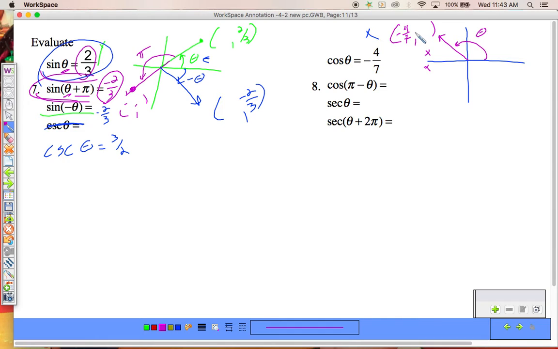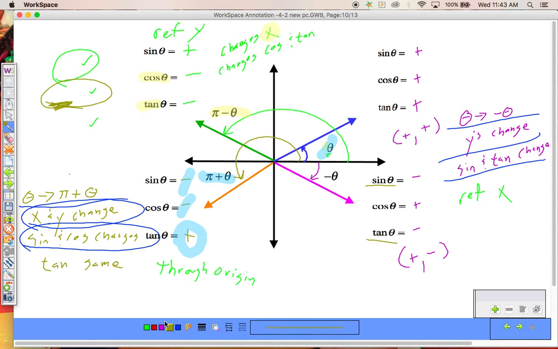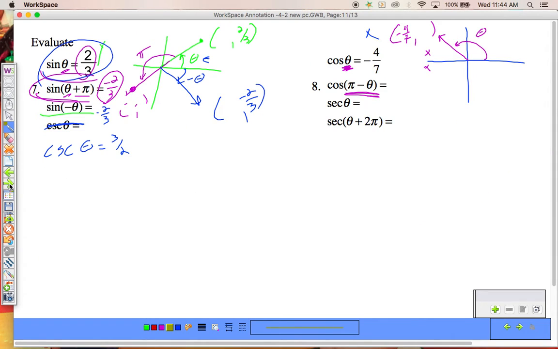All right, so now I'm changing my theta to pi minus theta. So I'm going to go back, and when I change theta to pi minus theta, we said that was a reflection over the y-axis. And when I reflect over y, my x changes, which means cosine and tangent change. So now pi minus theta is going to be here.